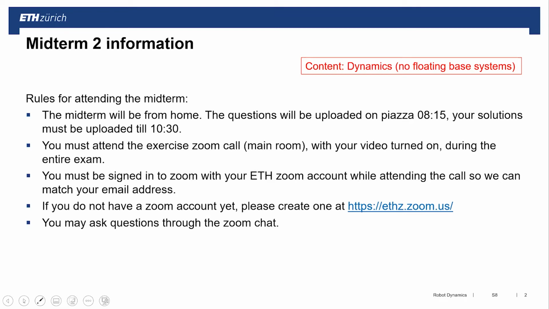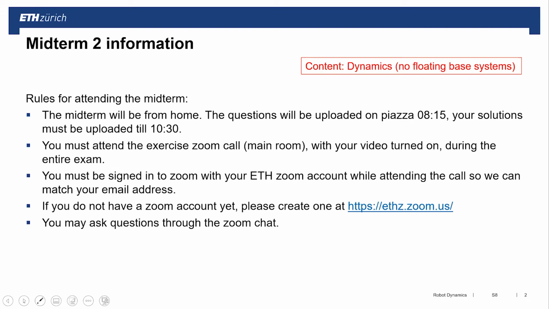Make sure that you log in to this main room with your video turned on during the entire exam. That helps us to check on who is there and that you're doing the exam for yourself. Important is that you are signed in with your ETH Zoom account. That is important for us to check who attended, so that we can see from your name a unique identifier of the person behind.